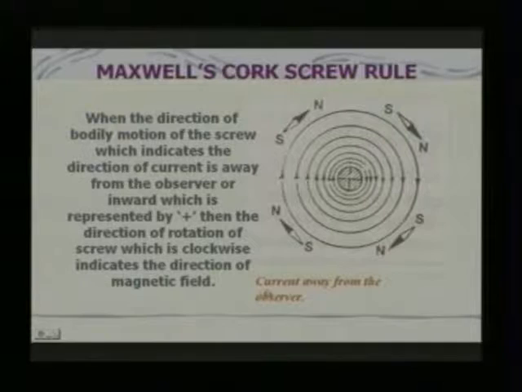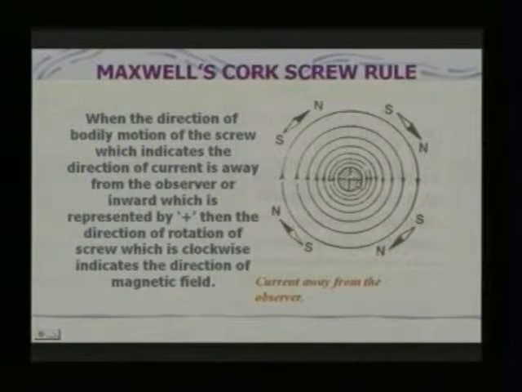That is, if current is away from the observer, indicated by a cross, then the rotation of the corkscrew is away from us or inwards, and the direction of magnetic field is clockwise.